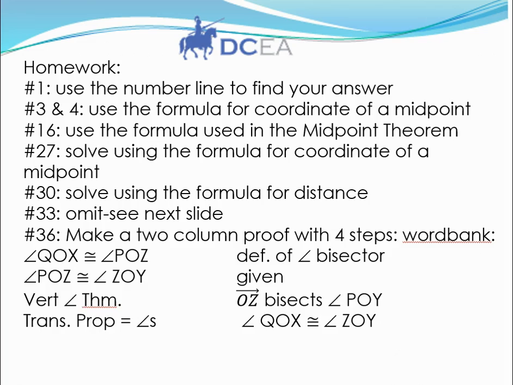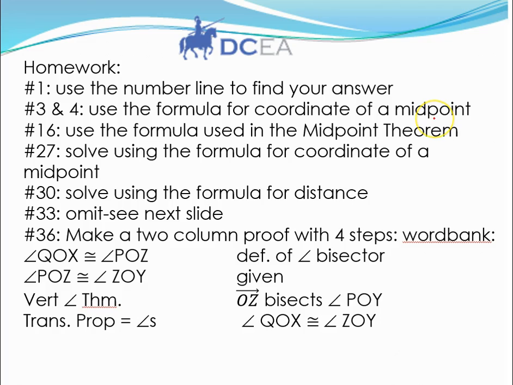So these are some hints about doing your homework. For number 1, just use the number line to find your answer. You don't need a formula. Number 3 and 4, use the formula for the coordinate of a midpoint. This is why I said write the formulas down on a piece of paper and then write what they're for.